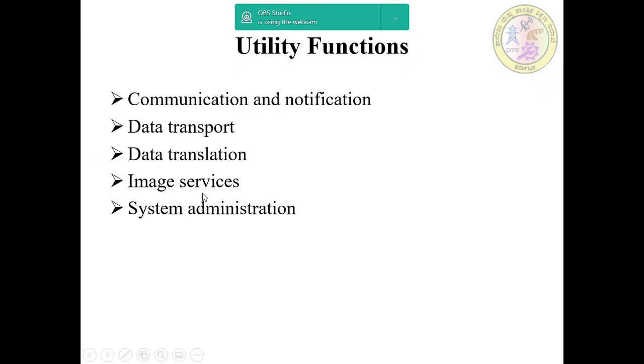Next one is image services. Here, image services provides viewing capability for reviewing and markup capabilities that will enable wider audience than before to participate in the project easily. And then last one is the system administration.